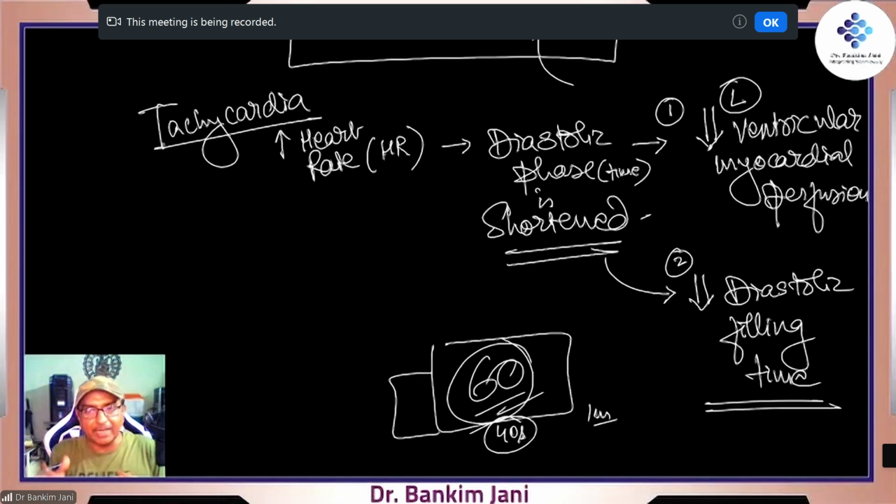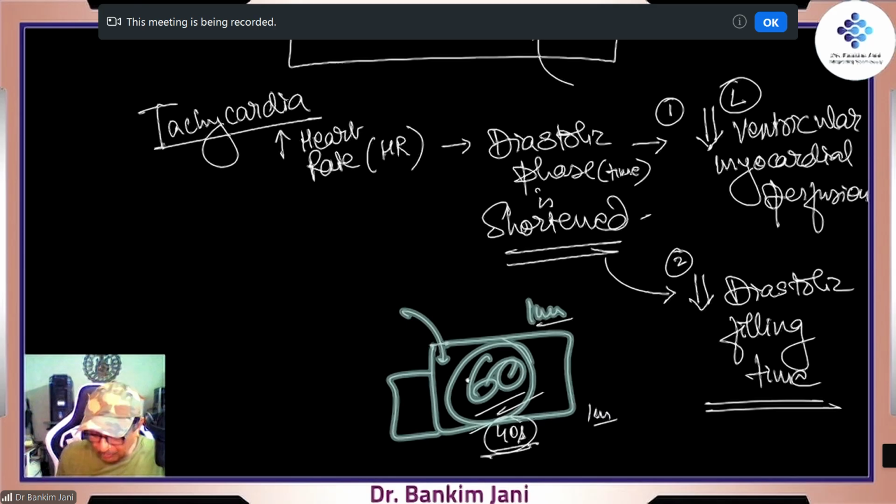So the bus goes half empty. That is what happens. And if it is said that when the bus is standing, the petrol, the diesel would be filled into it. Previously it was taking 1 minute for the diesel to get filled. But now it is going in 40 seconds only, so full capacity of diesel will not be filled into that. This is what would really happen in case of the left ventricle.